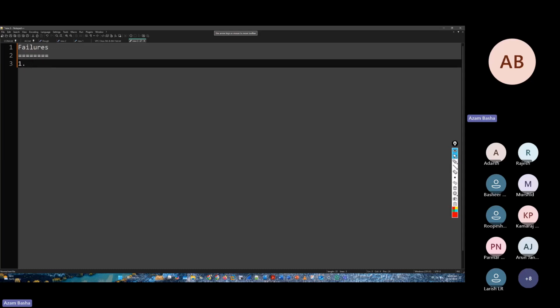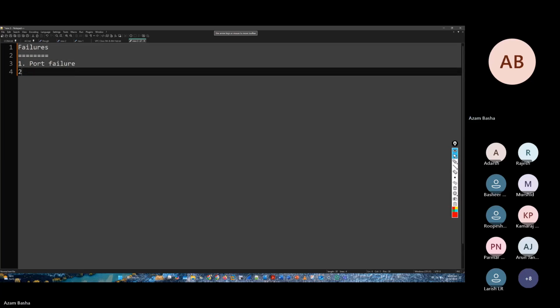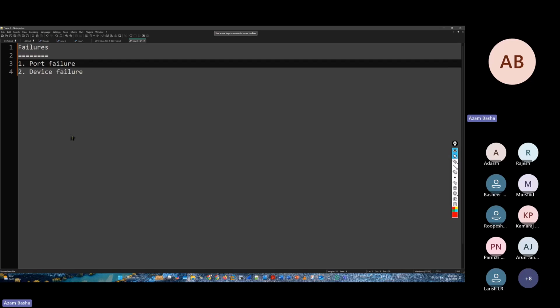The first one is port failure. The second is device failure. Can any other failure happen apart from these two? The interface, physical connectivity, yes, it comes under port.